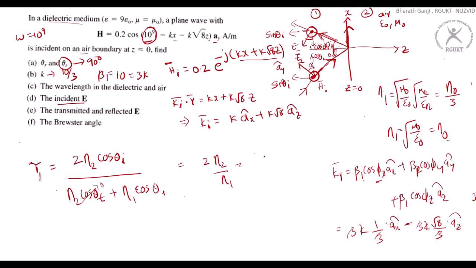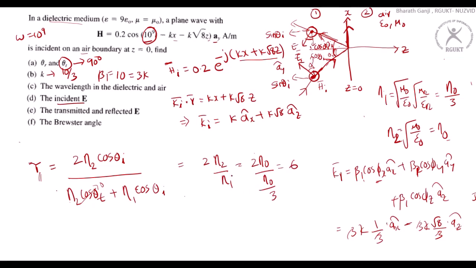So what is eta 2? You can see that eta 2 is eta naught, so this is 2 times eta naught divided by eta naught by 3, which is nothing but 6 eta naught by eta naught, so you get a value of 6. So that is your transmission coefficient.